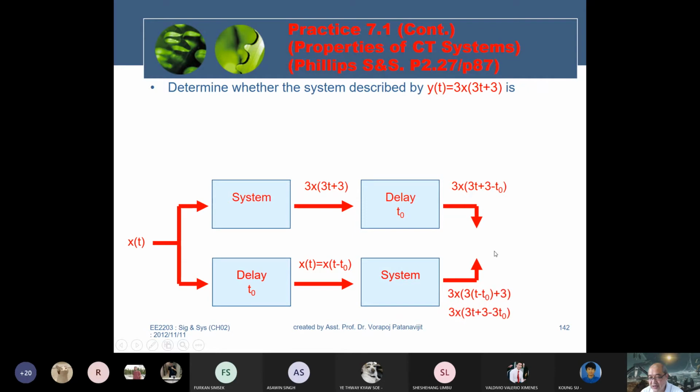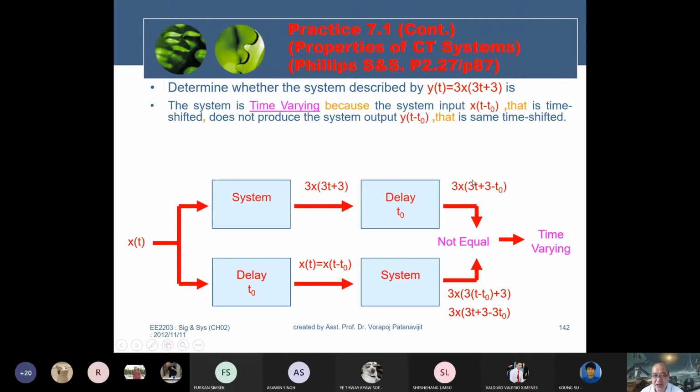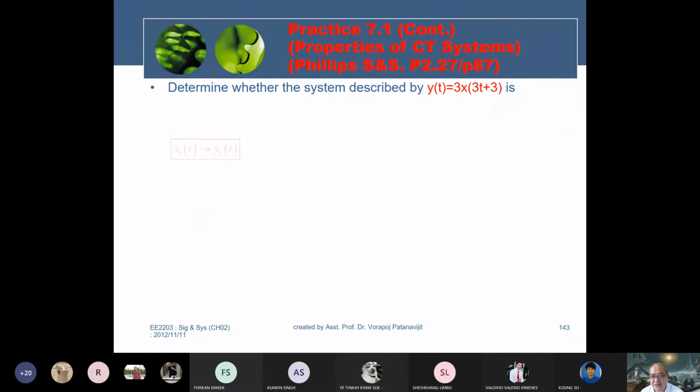You see that in the final step, it's different: it's minus t naught versus minus 3 t naught. It's not equal, so it's time varying. The system is time varying because the time-shifted input x(t minus t naught) does not produce the output y(t minus t naught), which is the same time shift.